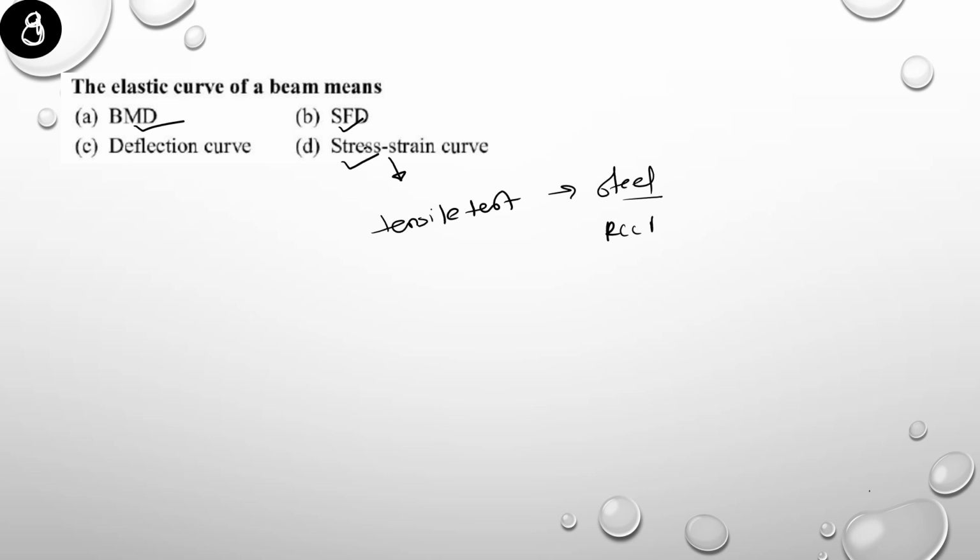The shear force diagram is obtained by calculating the shear force at each point and joining those points on the beam. Same with the bending moment, calculating the bending moment at every point and joining those points on the beam. But the elastic curve of a beam means the deflection curve. So option C is correct here.